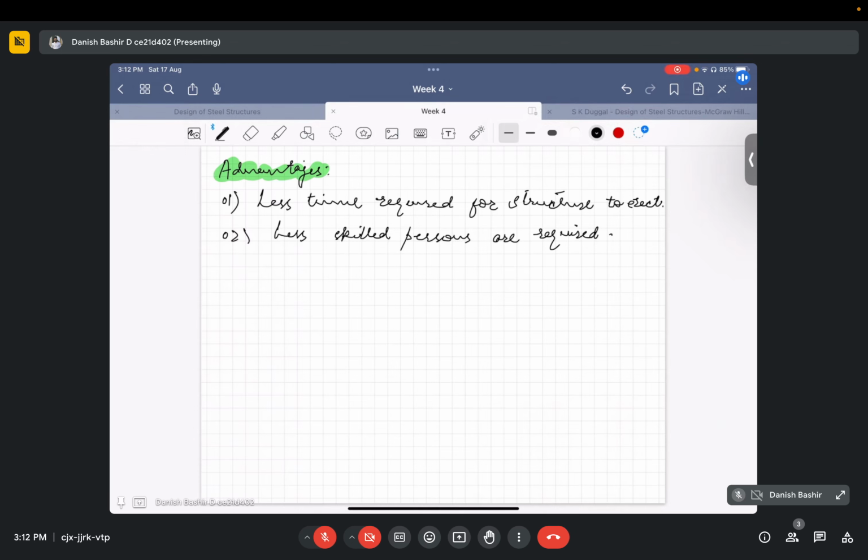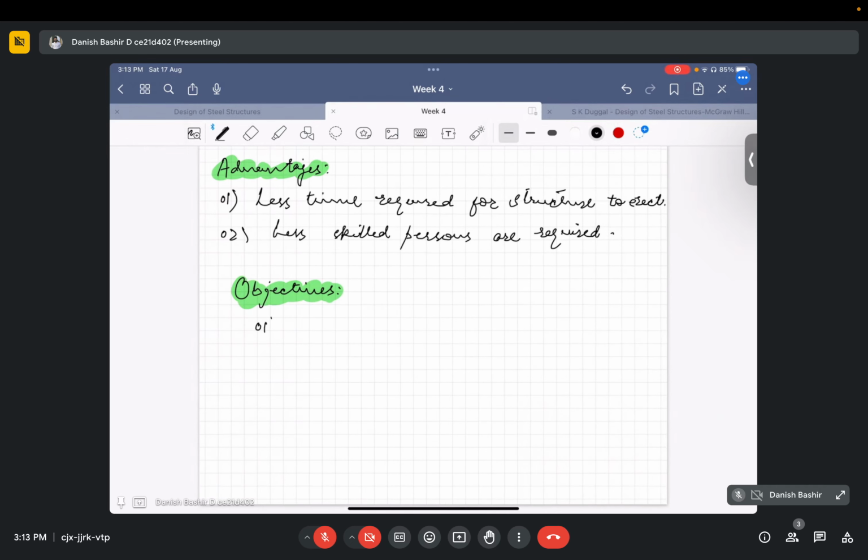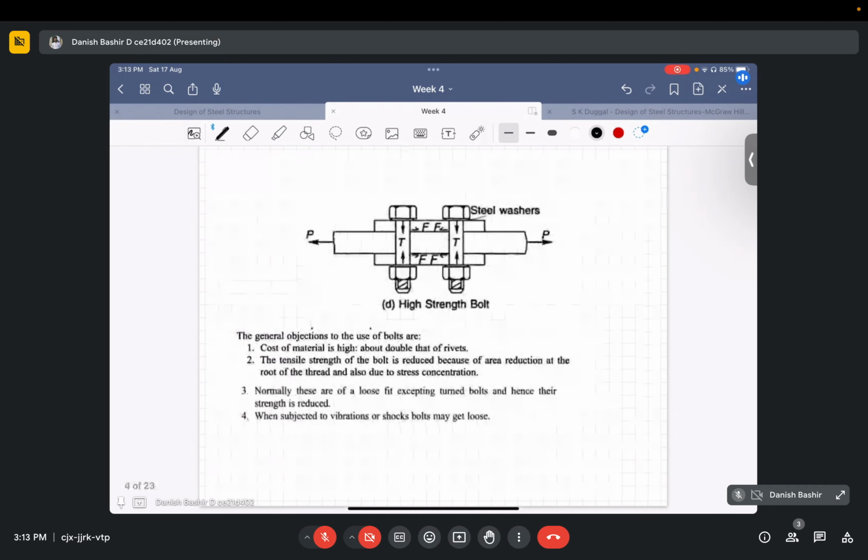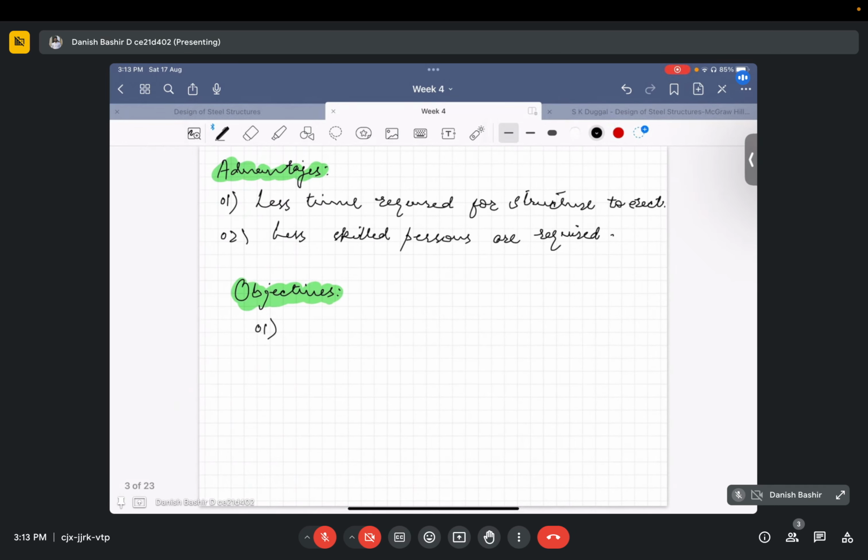And the general objectives of the use of bolts are, let me write them here.